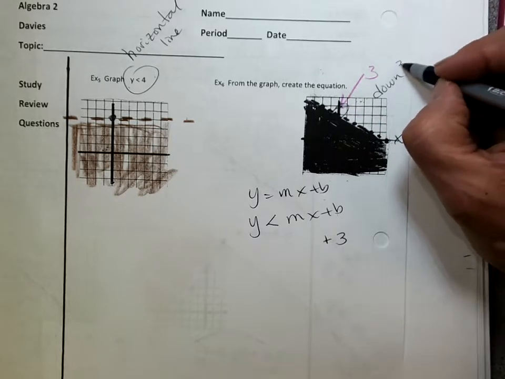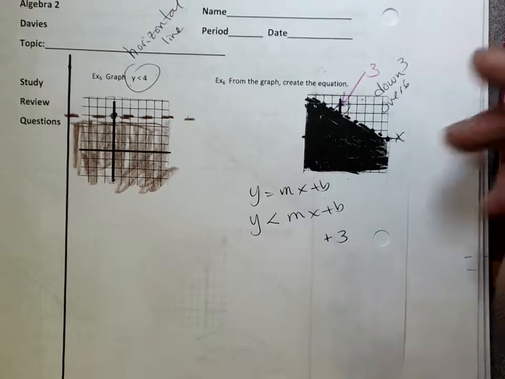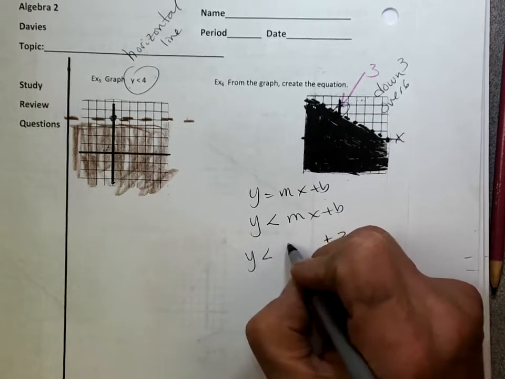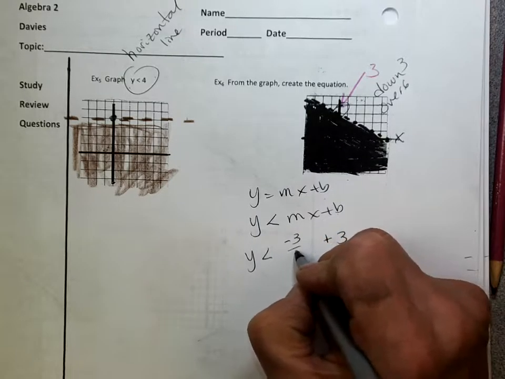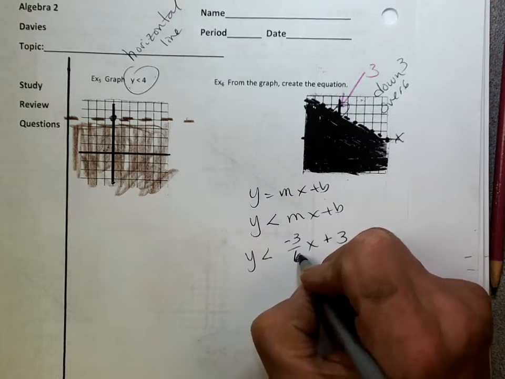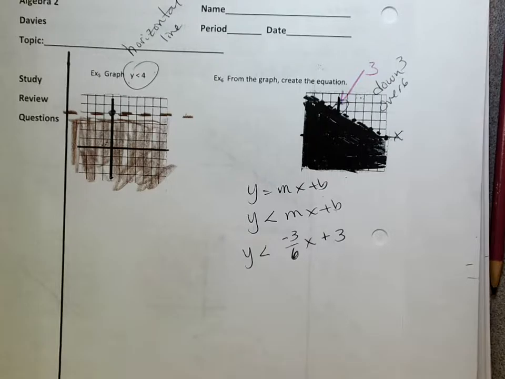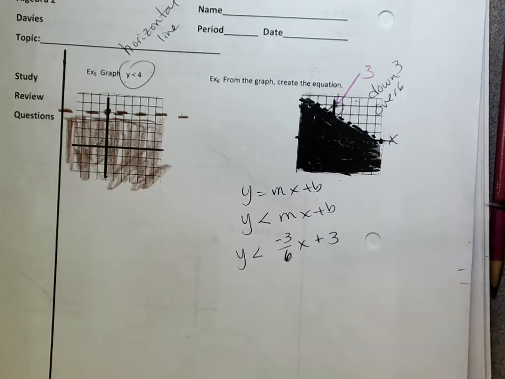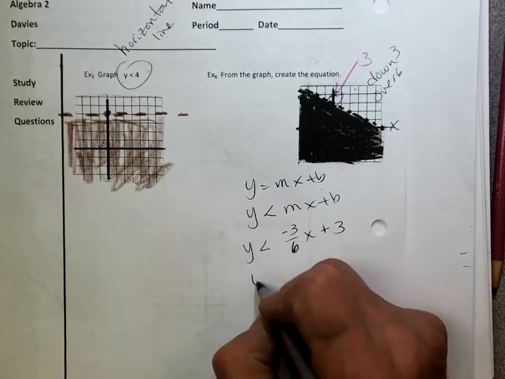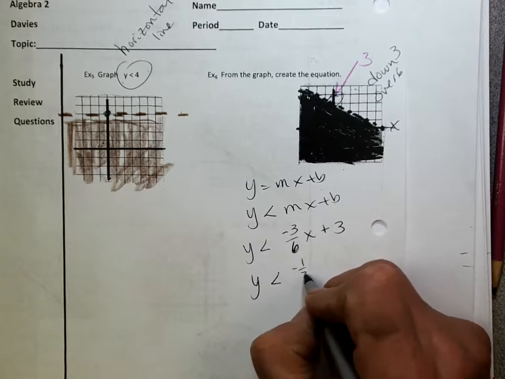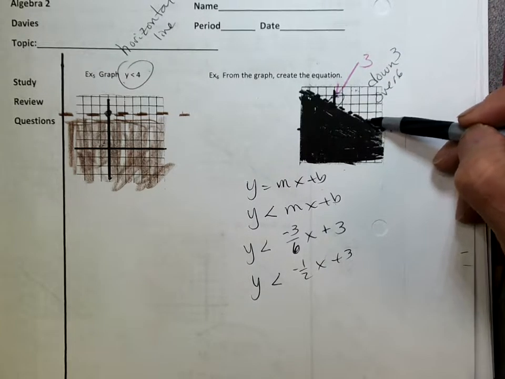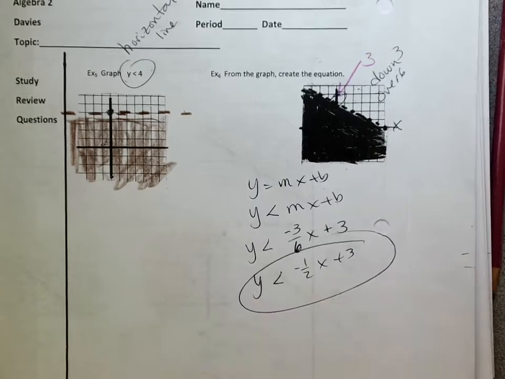We're going to go down 3 over 6, which is a slope of y is less than negative 3/6 x. Okay, you know, some math teachers might accept negative 3/6, but I think we can reduce that pretty easily to negative 1/2. So let's rewrite this. Y is less than negative 1/2 x plus 3. So it does look like down 1 over 2, down 1 over 2, down 1 over 2. There we go. That's it.